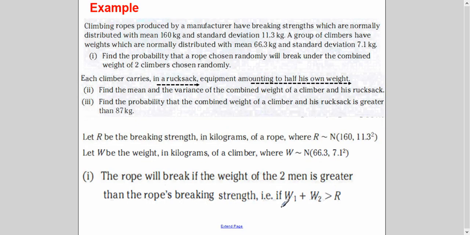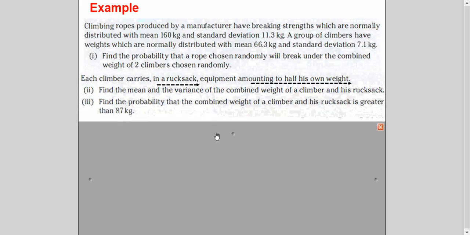So let's see one word problem in detail here. It is again a very good word example which will help you understand everything around it. Now we are talking about climbing ropes and the climbers. With respect to the climbing rope, the breaking strength is normally distributed with mean 160 and standard deviation 11.3.